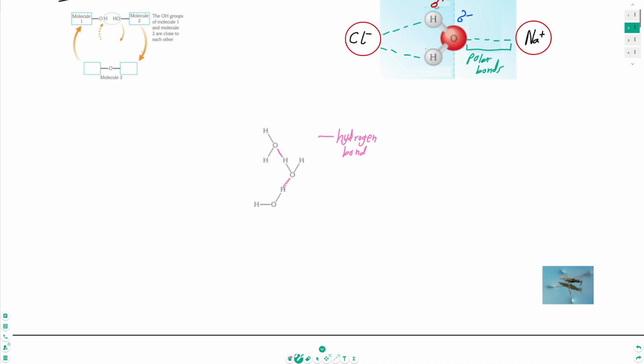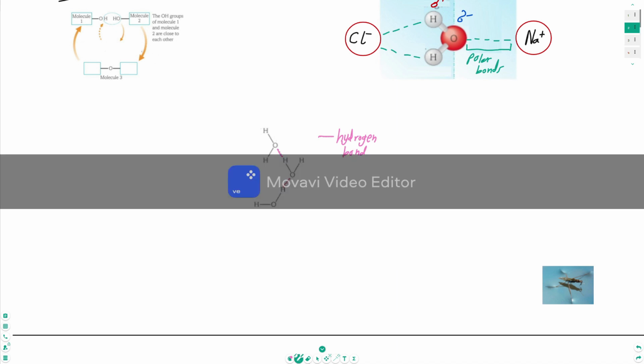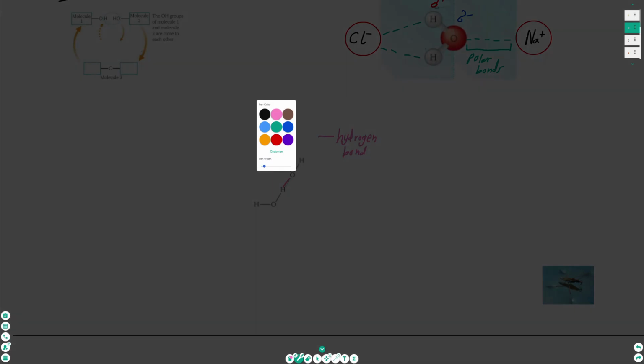So that's what you can see here. This hydrogen atom is slightly attracted to this delta minus oxygen. And because of that, water has some very intriguing properties.